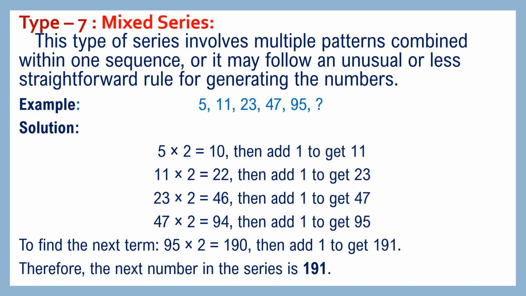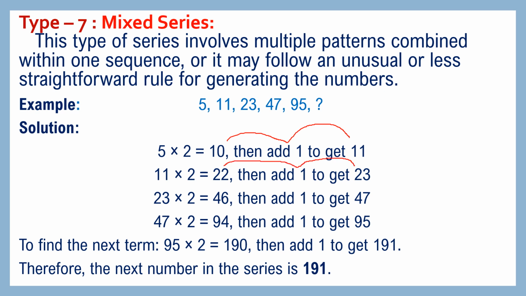How do we get the 11 from the 5? 5 times 2 is 10. Then add a 1, we will get 11. Same, 11 and 23. From this 11, how will we get 23? 11 times 2 is 22. Again add 1, we will get 23.